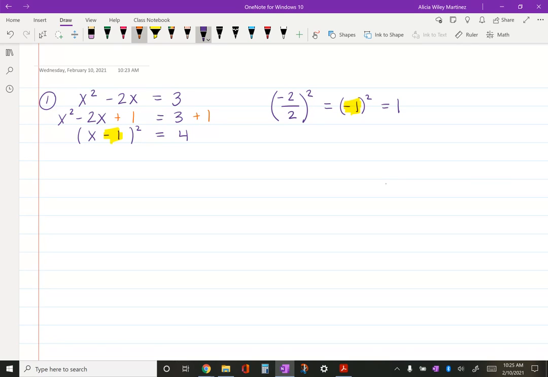In our next step, we go ahead and we square root both sides. In order to continue solving this problem for x, we need to undo the squared in order to get to x that's inside that parenthesis.